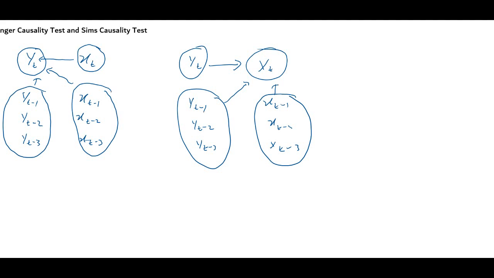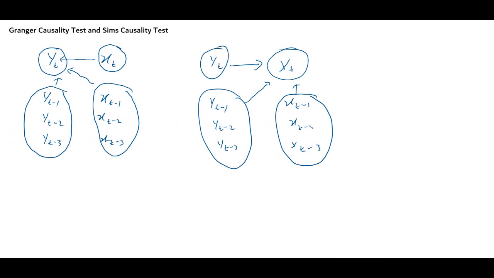We may write this equation, but for the Granger causality test, there are two causality tests that we will study here. For the Granger causality test, we ignore the contemporaneous xt, and for this purpose we ignore the contemporaneous yt as well; rather, we only predict yt with the lag values of yt and xt.